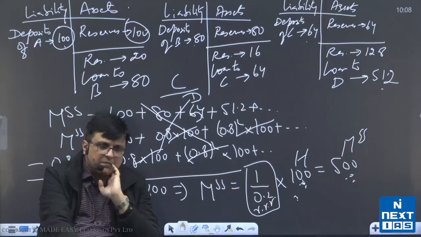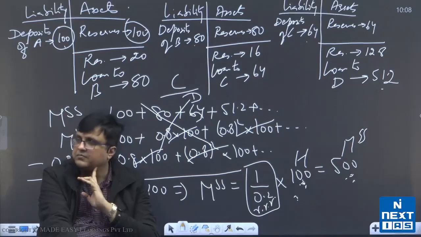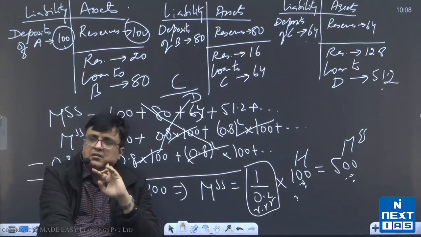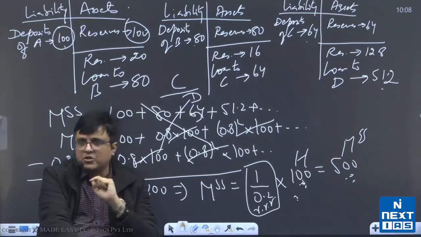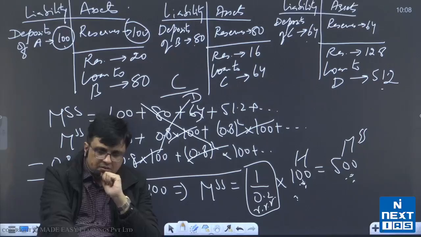Third, there is inverse relation between currency deposit ratio and money multiplier.